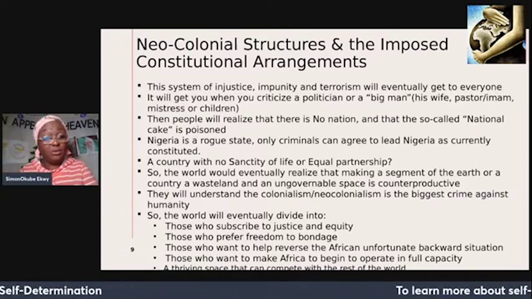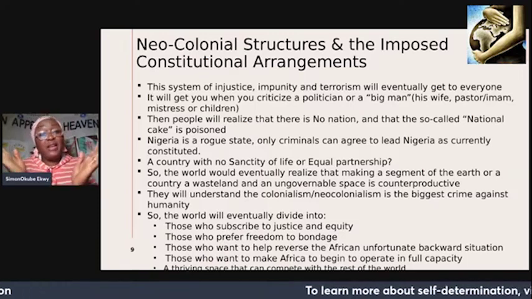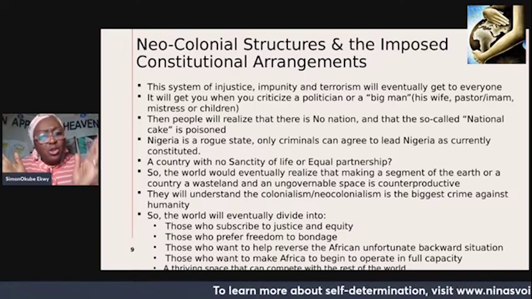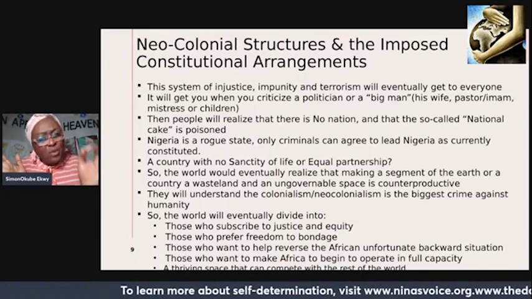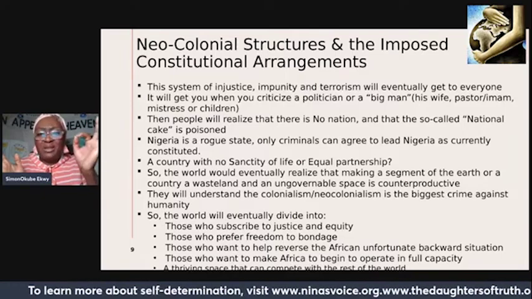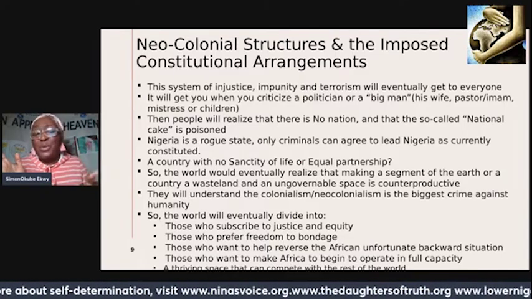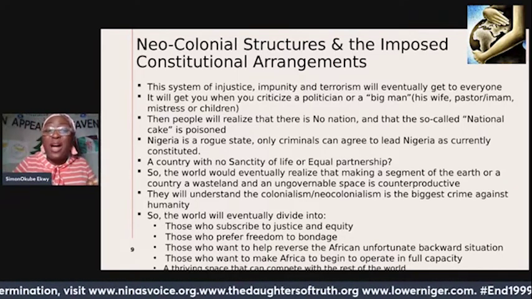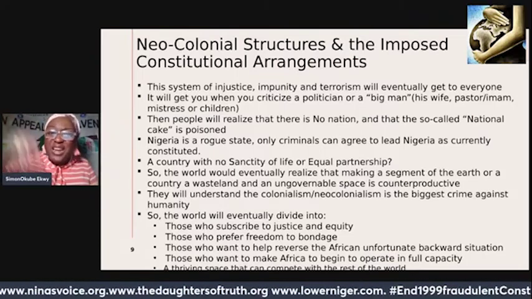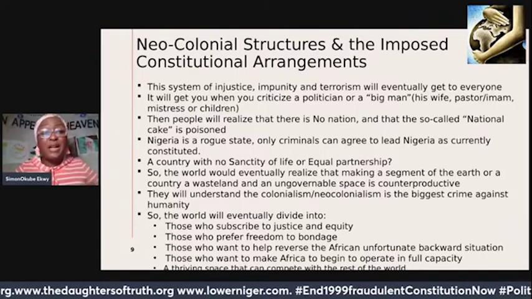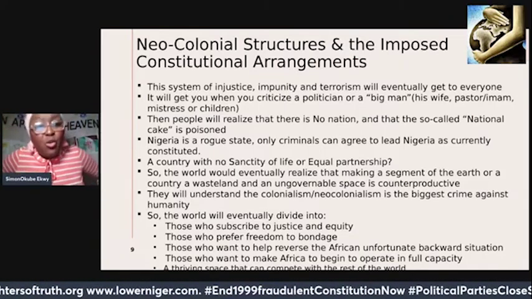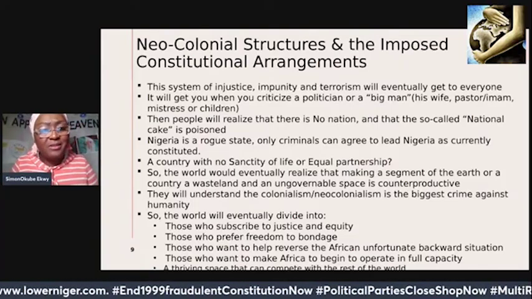So the world will eventually be divided into those who subscribe to justice and equity. Because you cannot tell me that you subscribe to justice and equity, and we are telling you what they did to Africa and what they're still doing to Africans today, and you are not coming out to say, let's go. What do we do to fix it?